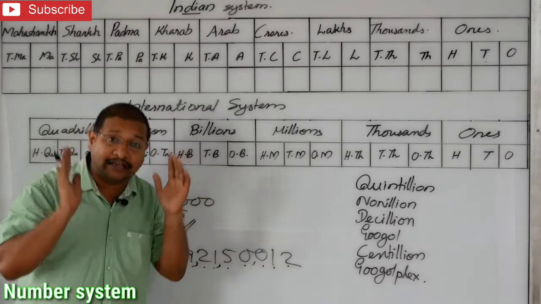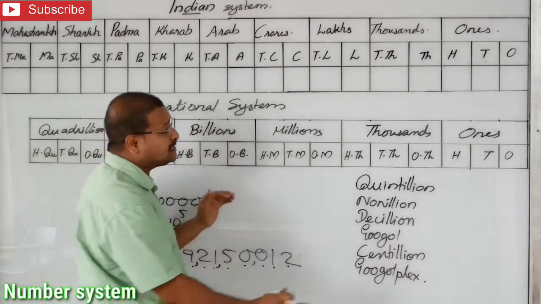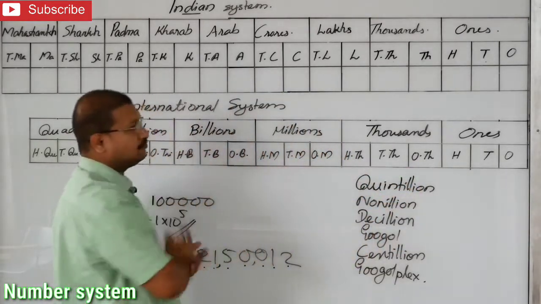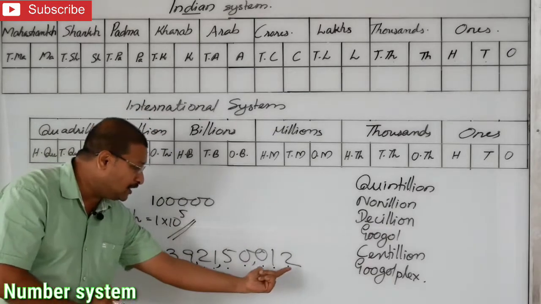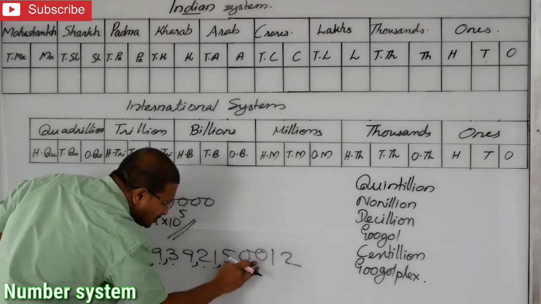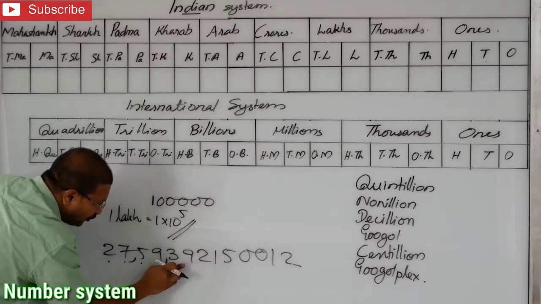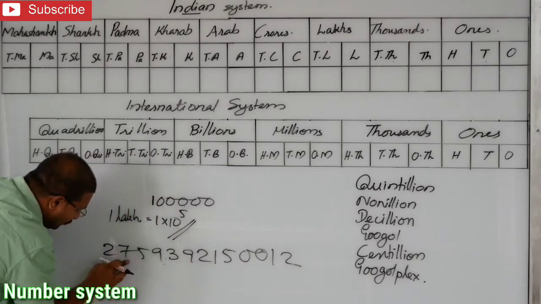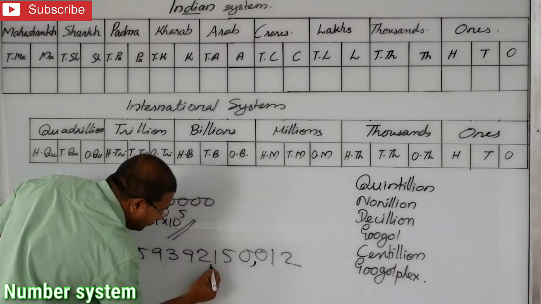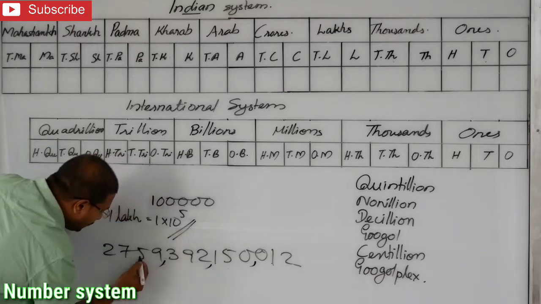In the case of international system, we have to group only with 3. But in the case of Indian system, first 3, after that 2, 2, 2. When it comes to international system, let's see. We have to keep 1, 2, 3. 1, 2, 3. 1, 2, 3.